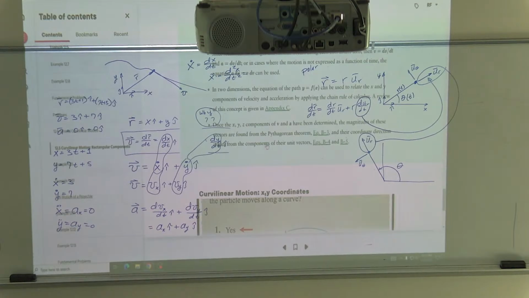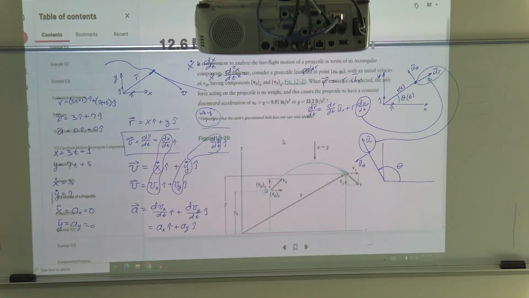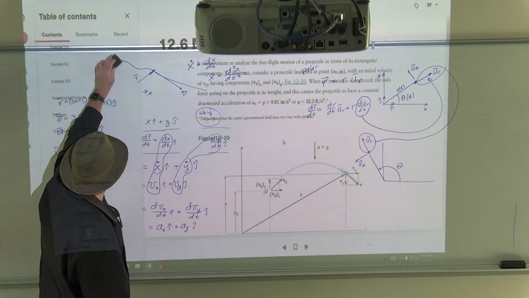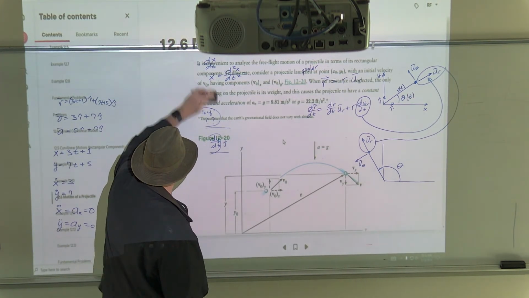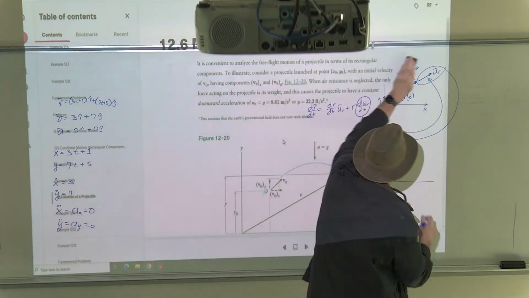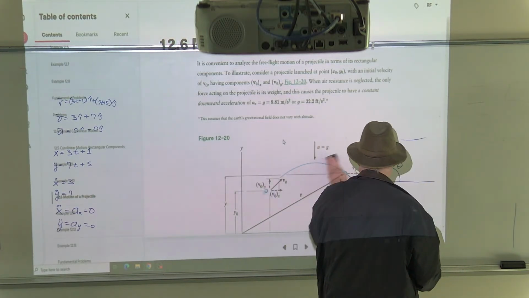Why would you do this? Because you want to do motion of a projectile. So in a motion of a projectile, usually, okay, here we go. It came out. Usually, it's written in an independent form, meaning you have an x equation, you have a y equation, but it can be put together. Hang on.